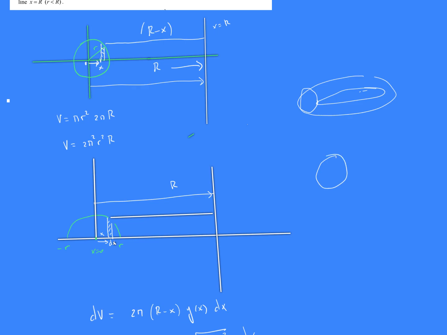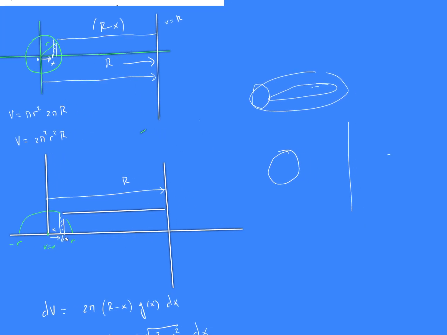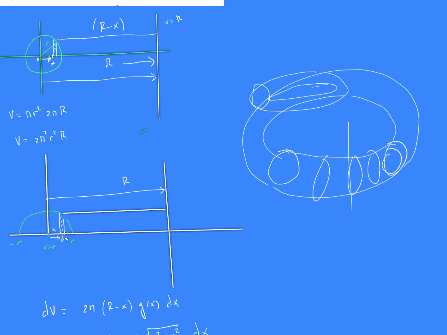The circle will rotate around the axis, and it will appear on the other side, and the donut will appear from the rotation. I'm not so good at making figures. You see the circle moving? Now it will rotate, and it will perform a donut. And the axis of the donut is this axis. Not very good, but acceptable.